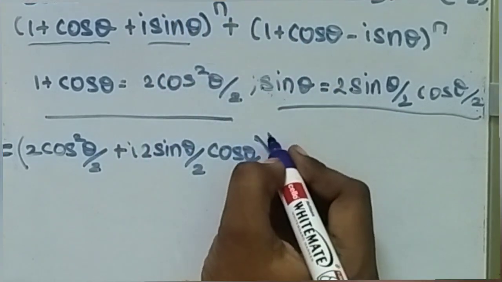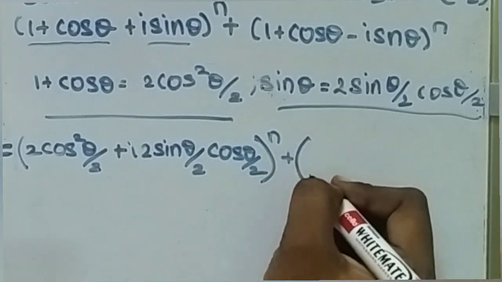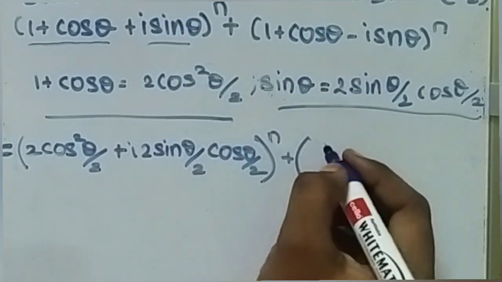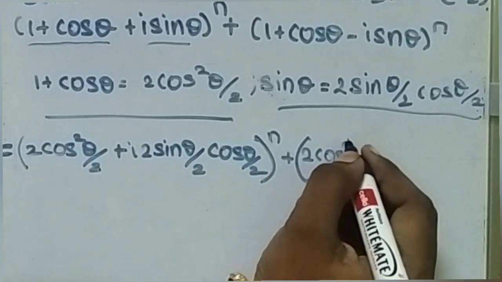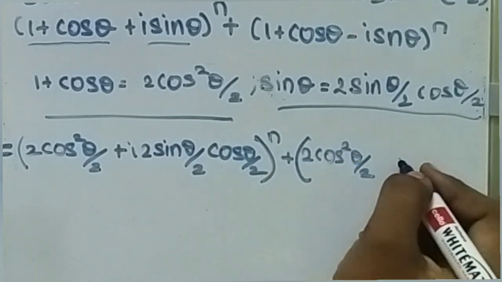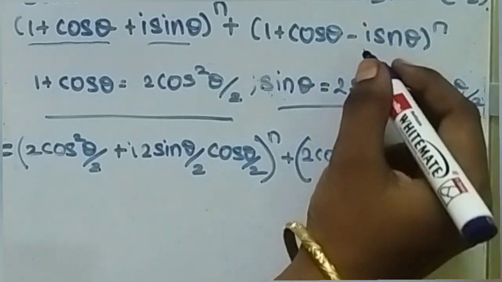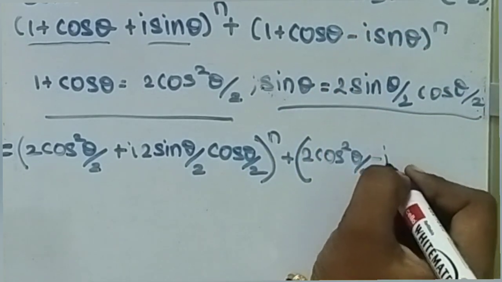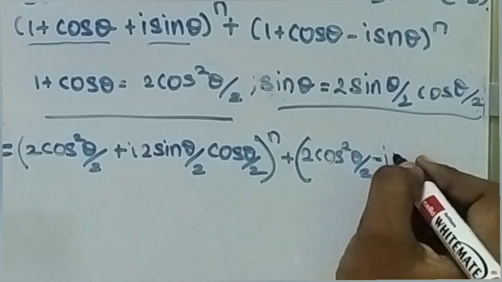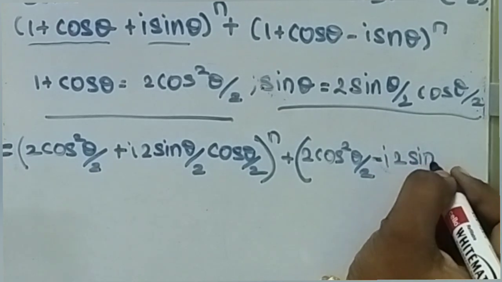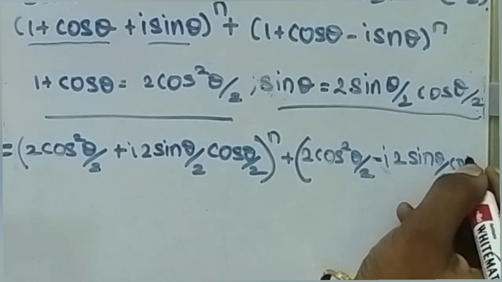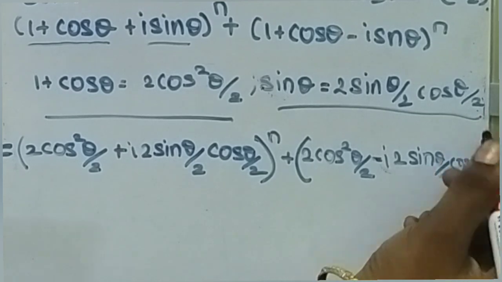Here it is in power n, so power n, plus 1 plus cos theta equals 2 cos square theta by 2 plus, sorry, here we got minus i, so minus i times 2 sin theta by 2 cos theta by 2, power n.